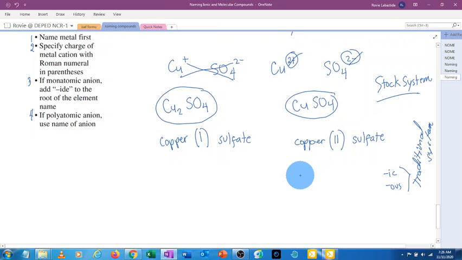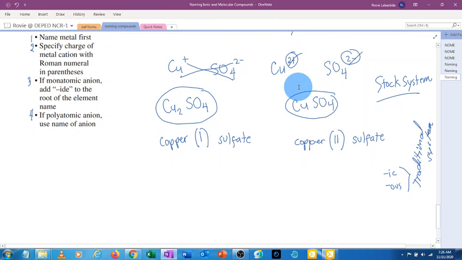So we will just use the us suffix for the root term of the metal and the ik suffix for the root term of the metal as well. But us is for the lower charge and ik is for the higher charge.